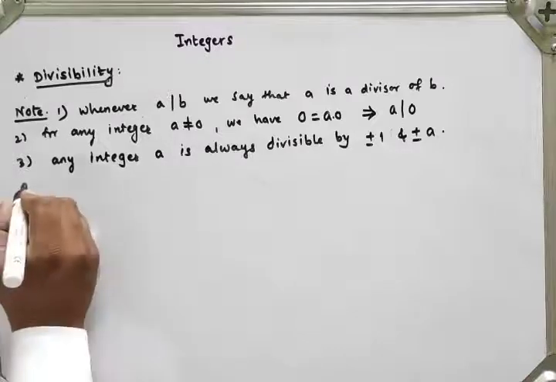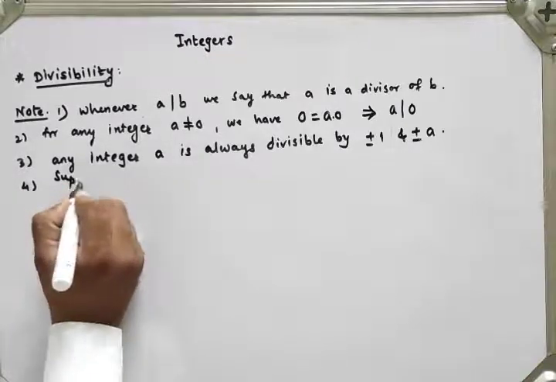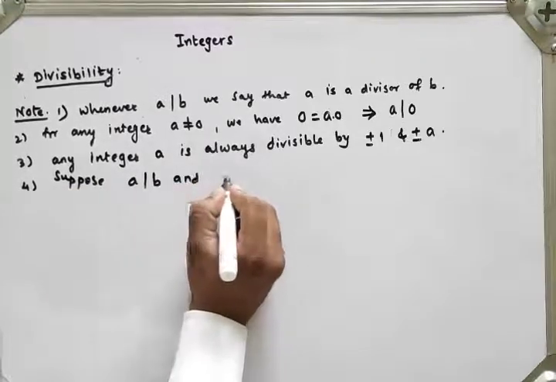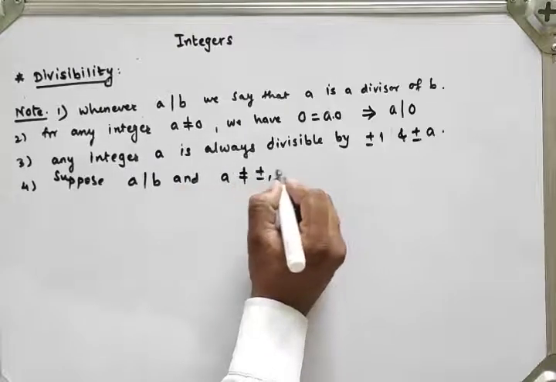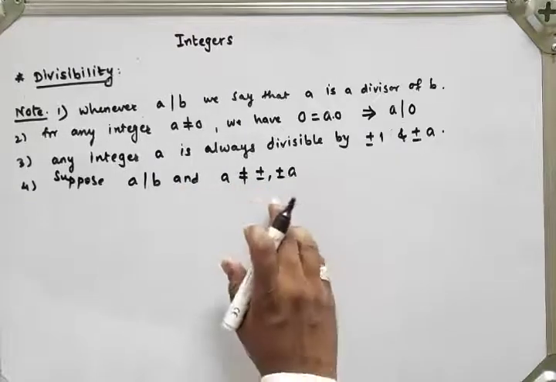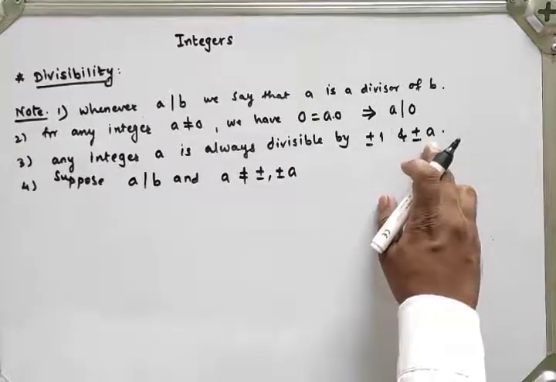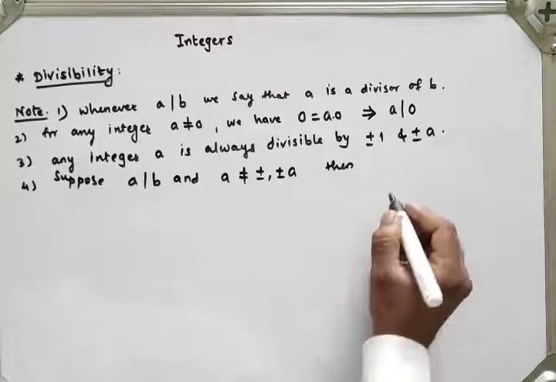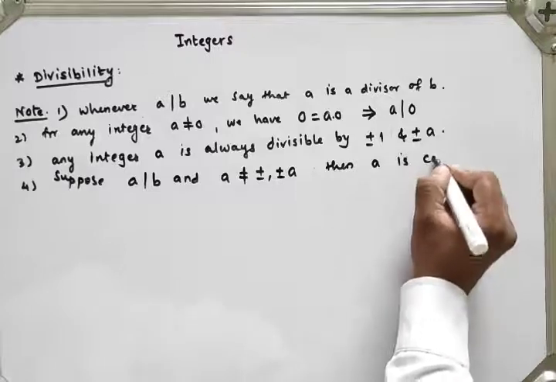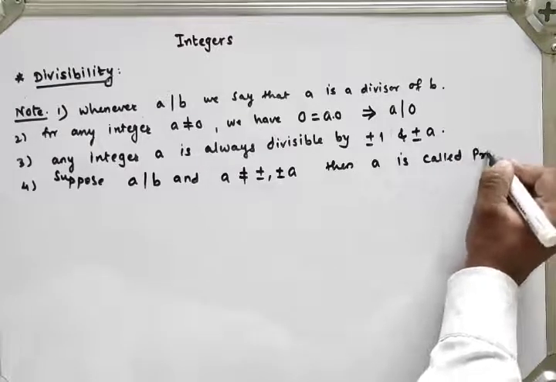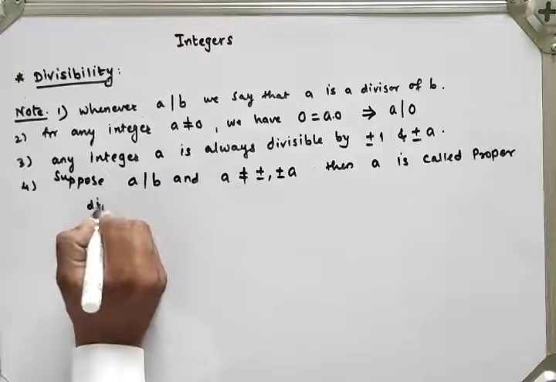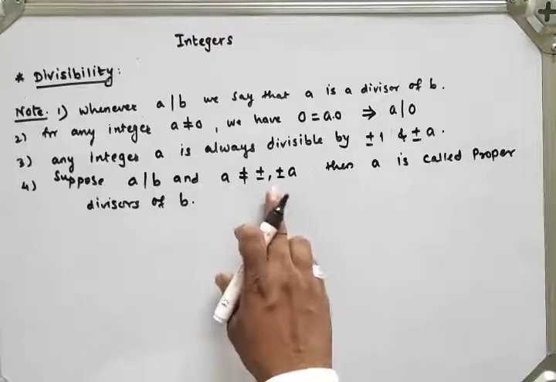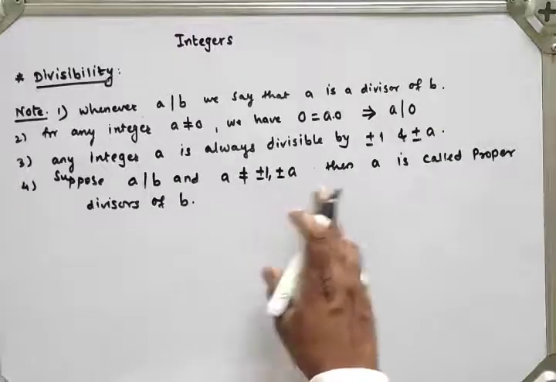The next note is, suppose a divides b and a is not equal to plus minus 1 and plus minus b, meaning divisors other than plus minus 1 and plus minus b, then a is called a proper divisor of b.